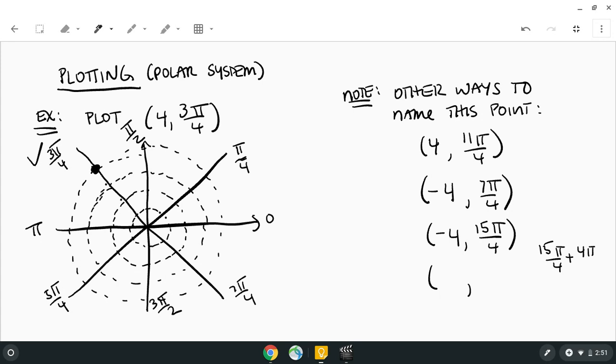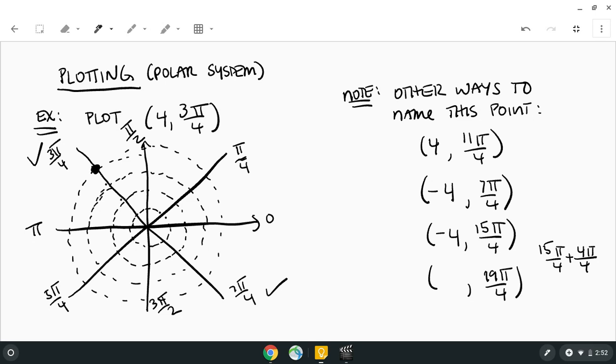And if we end up adding a half circle, pi, then if we have 15 pi over 4, which is coterminal with 7 pi over 4, if we add a half circle, then we end up facing 3 pi over 4, but that would be called 19 pi over 4.